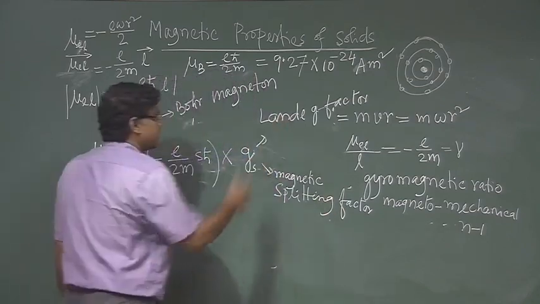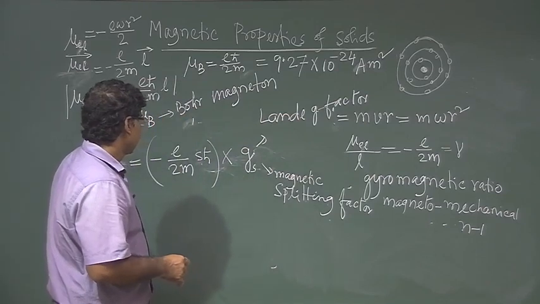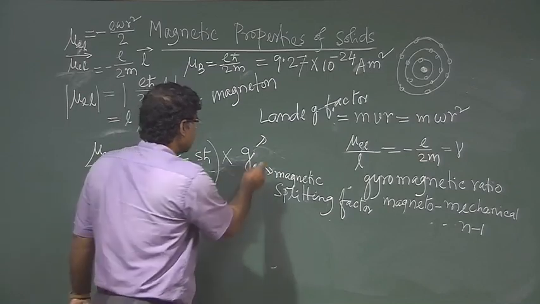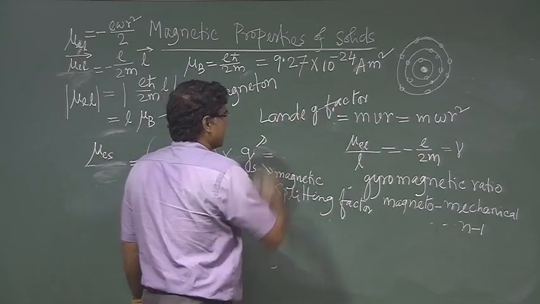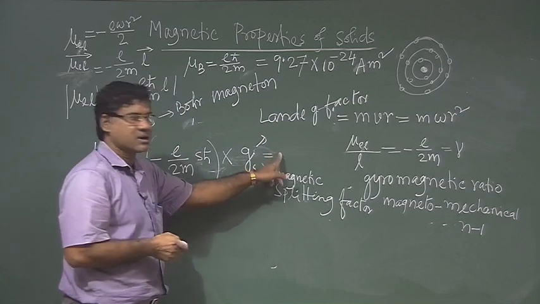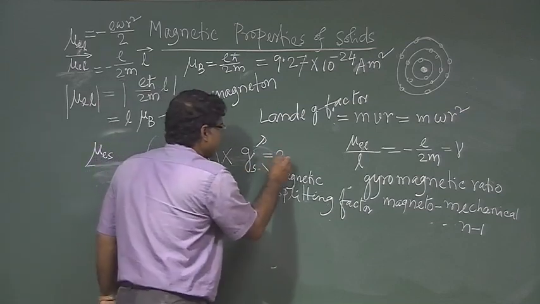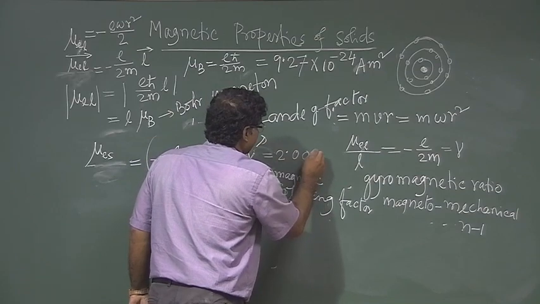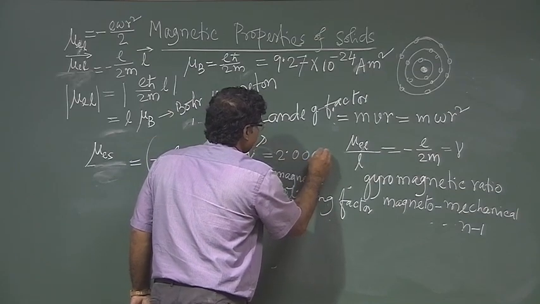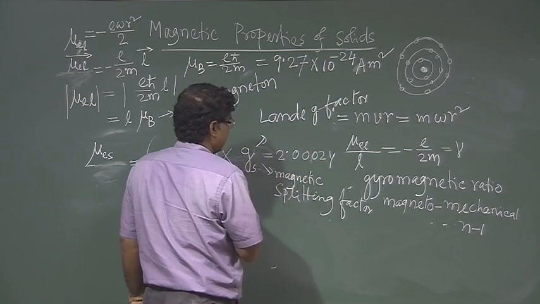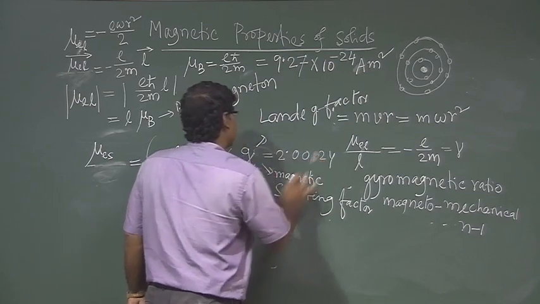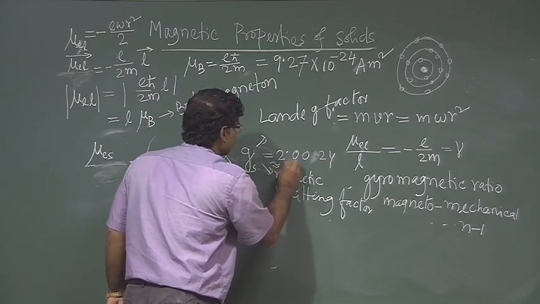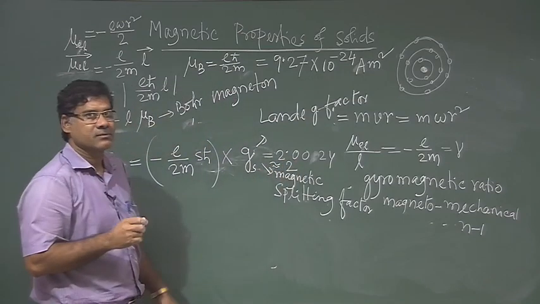So, for an electron in an orbit that has spinning motion, the g factor for the spinning motion of the electron has a value generally of 2.00024 or so. Approximately this is taken as 2.